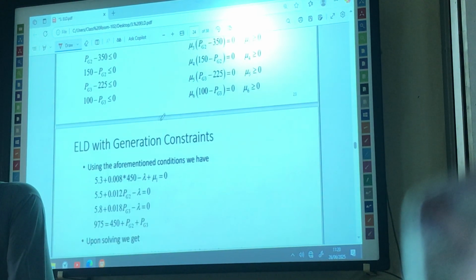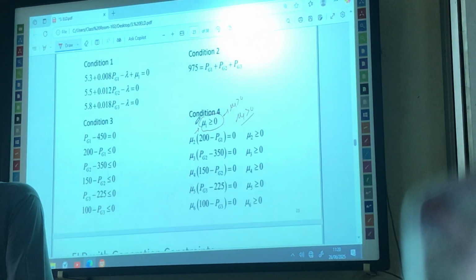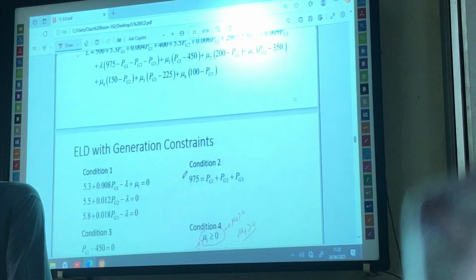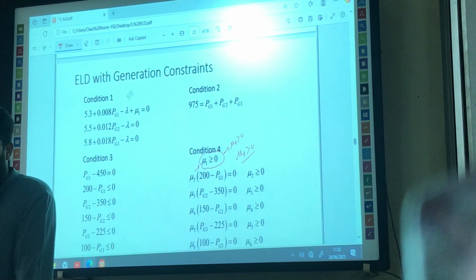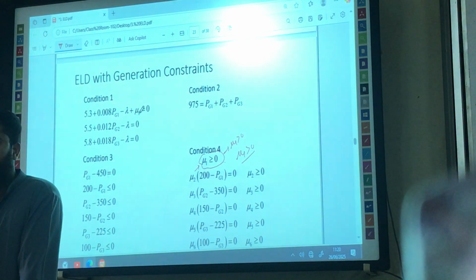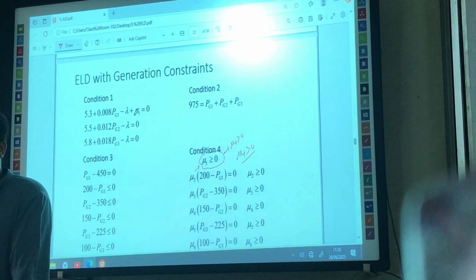Now again solve the problem. So now look, your mu2, mu3, mu4, mu5, mu6 are 0, right? That means look at this thing. Here there is only mu1, but mu2, mu3, mu4, mu5, mu6 are 0. That's why there are no slack variables from mu2 up to mu6.